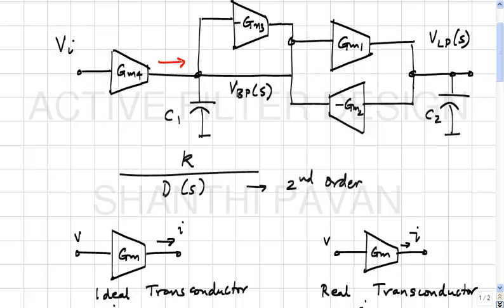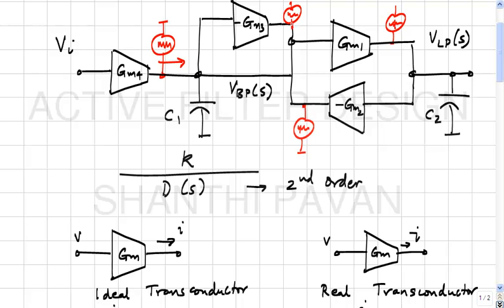GM4 into Vi. It so turns out that you need to put transistors in various configurations to cook up GM4. In that process, apart from pushing out GM4 times Vi, it also pushes out a noise current. Similarly GM2 also pushes out a noise current, GM1 adds a noise current, GM3 adds a noise current.